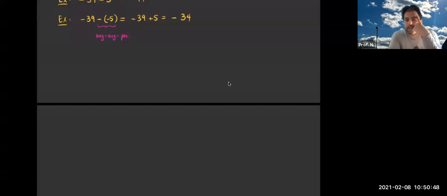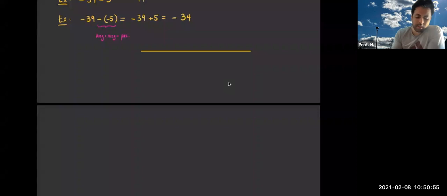Another way I would like to envision it sometimes is using the number line. And you start at negative 39. That's your starting position. And then when you add 5, you move 5 units to the right. So it's essentially you're asking yourself, what number is 5 units to the right of negative 39?